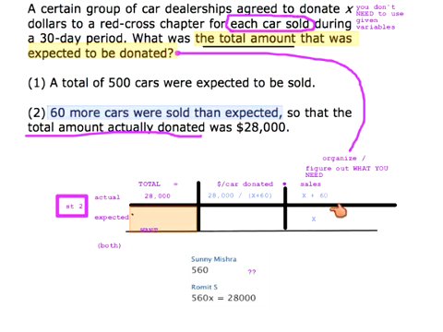What are we going to do from here? We don't really know. This is the same expression for the donation amount, so 28,000 over x plus 60, because the donation amount is some constant amount. This is not different between expected and actual.